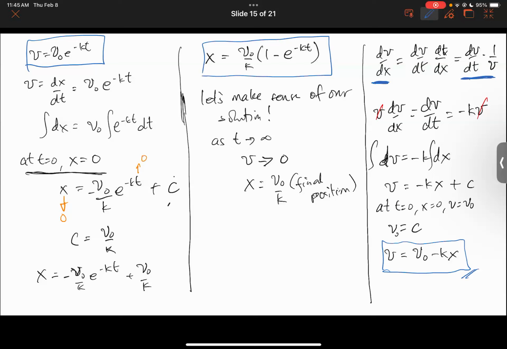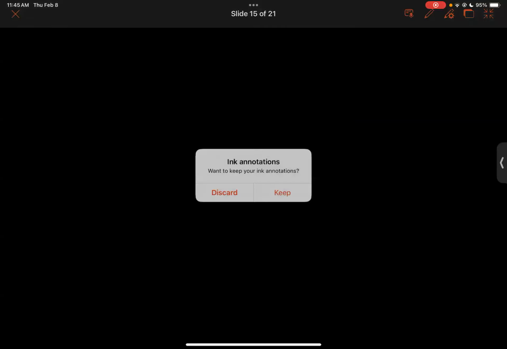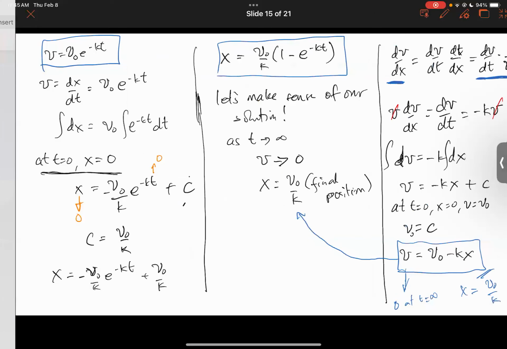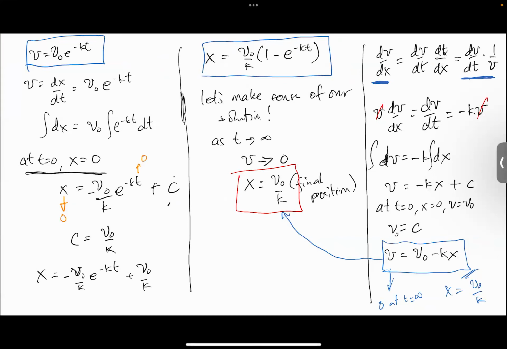Okay, nagme-make sense ba tong solution na ito? Let's check. So, as t approaches infinity, yung v approaches 0. So, itong term na ito will be 0 at t equals infinity. Okay, which means na ang x will simply be equal to v naught over k, which is what we have here.